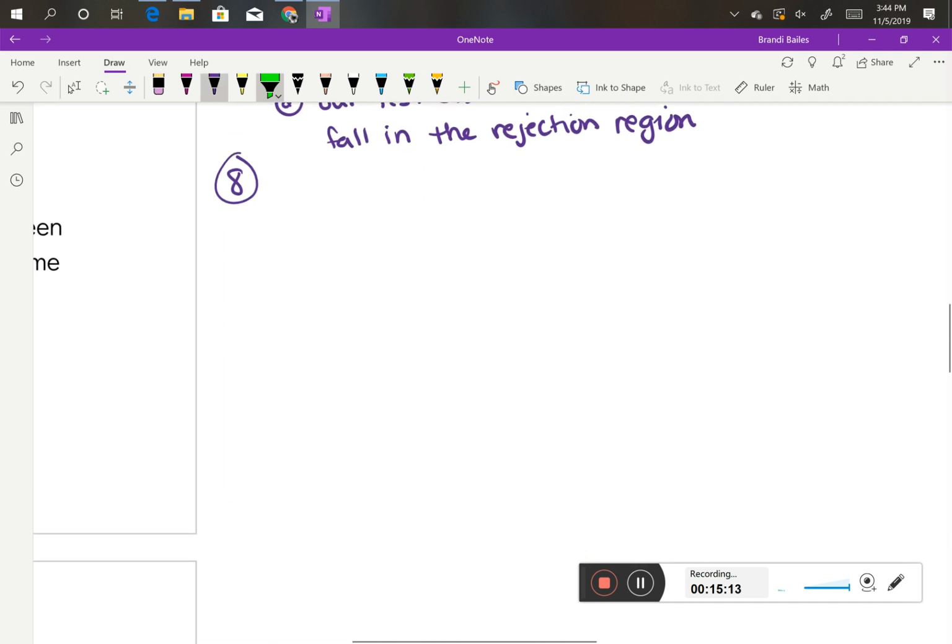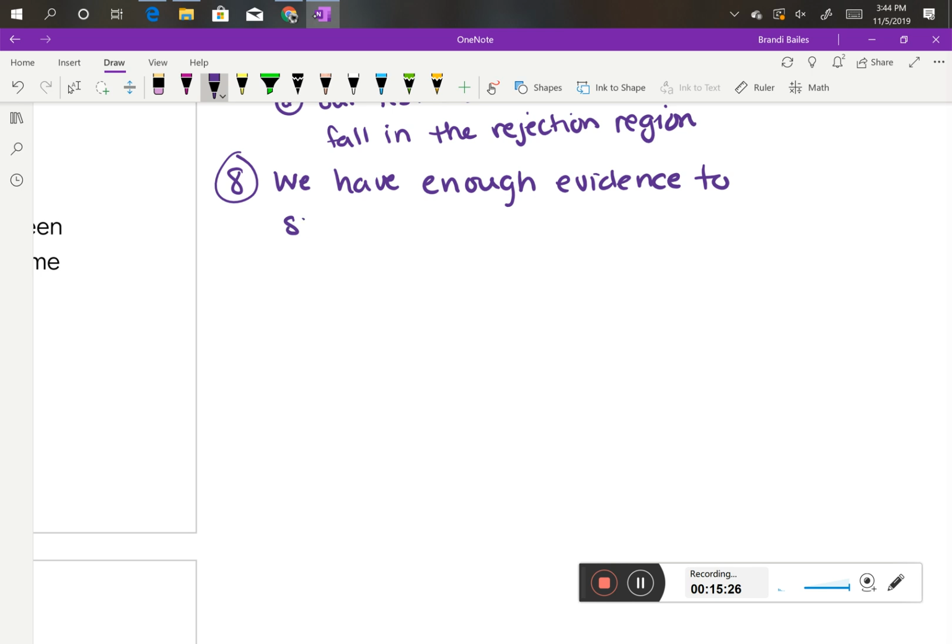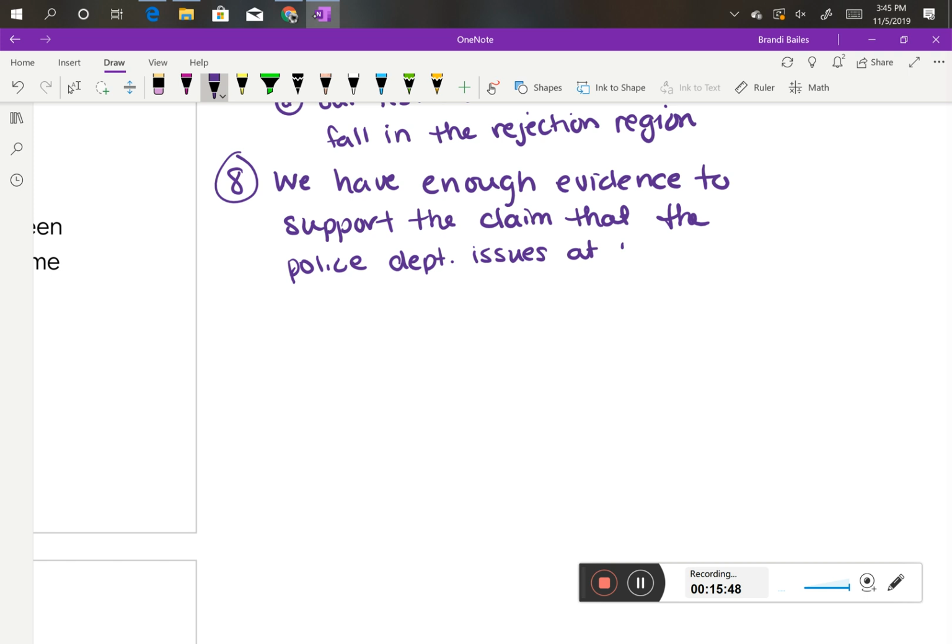So in step 8, we have enough evidence to support the claim that the police department issues at least 60 parking tickets per day.